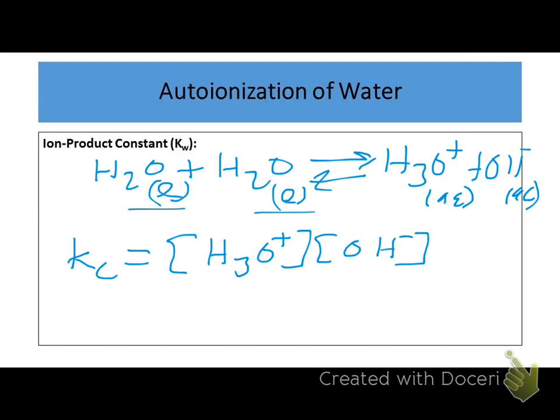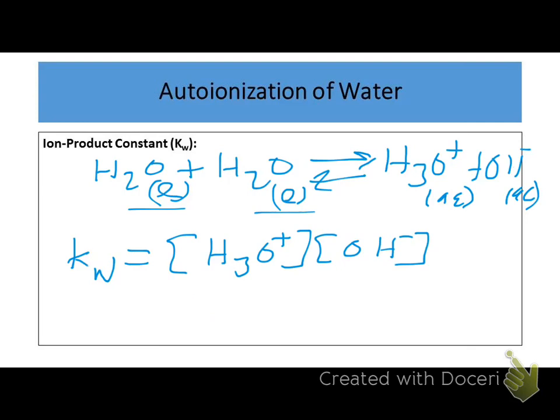Now, we're going to change the Kc value to what is known as the ion product constant, Kw. W for water. Kw is the same as Kc, so Kw is equal to Kc. It just refers to the fact that we're talking about the equilibrium expression for the autoionization of water. And so we'll use Kw instead.